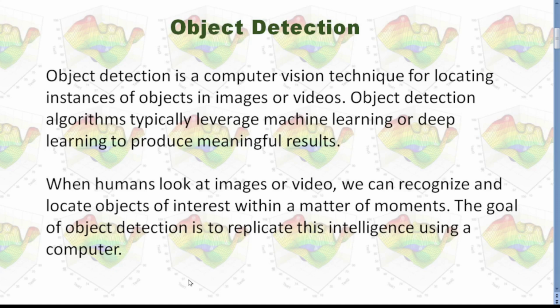Object detection algorithms typically leverage machine learning or deep learning to produce meaningful results. When humans look at images or video, we can recognize and locate objects of interest within a matter of moments. The goal of object detection is to replicate this intelligence using a computer.